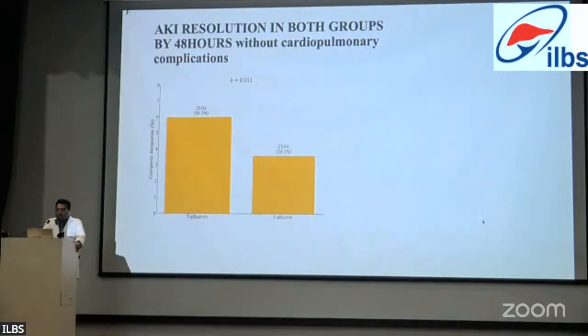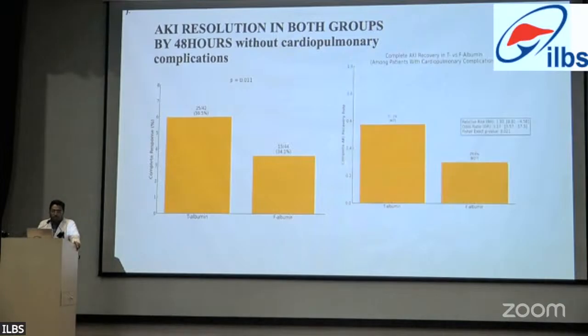So AKI resolution in both groups at 48 hours: in total, we have 25 patients who had the partial or complete response of the AKI at 48 hours in the tailored group. That is statistically significant in comparison to fixed dose albumin group.